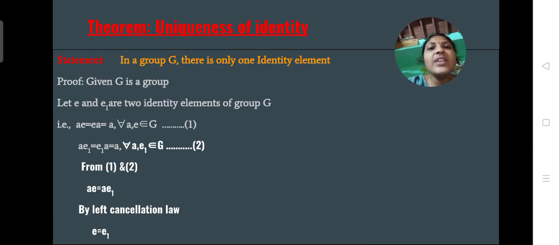AE is equal to AE1, here A is on the left side. So by the left cancellation law we get E is equal to E1. We considered E and E1 as two different identity elements, but we get E is equal to E1, so the two identity elements are equal. That means in any group we have only one identity element.